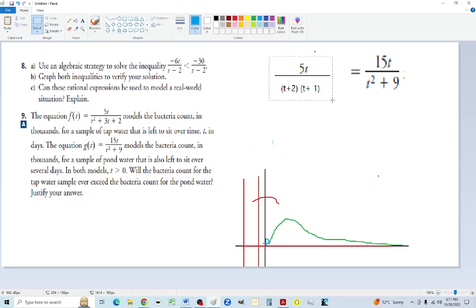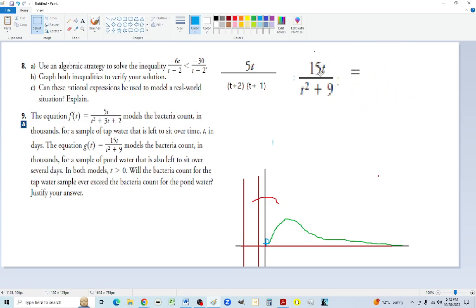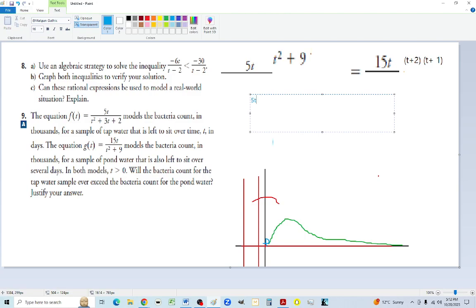We can subtract from both sides. When is it equal? And actually, you know what? Let's just do it this way. We can cross multiply. So on the left, we're going to get 5t cubed plus 45t.